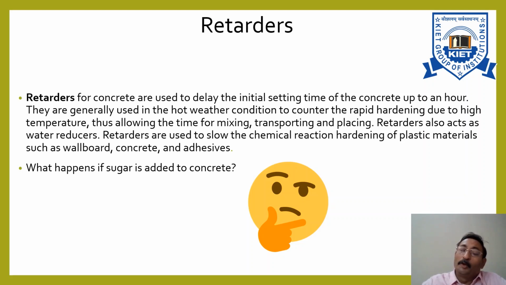Because if you are doing mass concreting, or concreting for a very large structure, then there are chances that a cold joint can develop. But by using these retarders, we can avoid those cold joints.